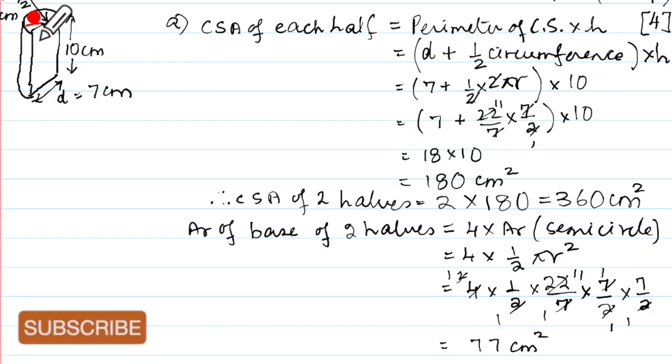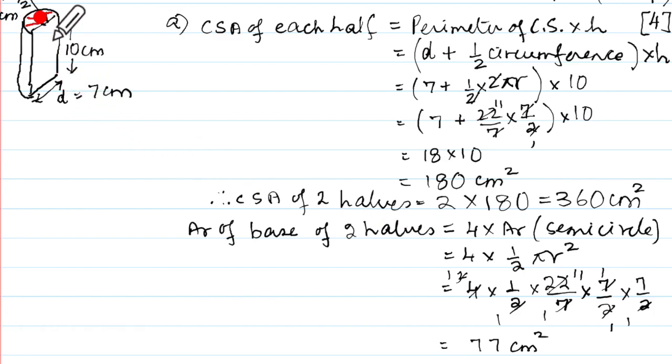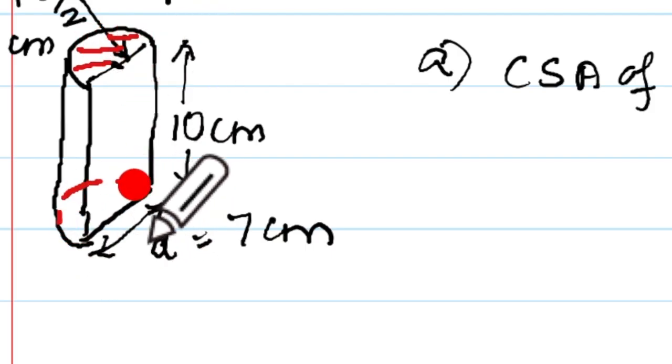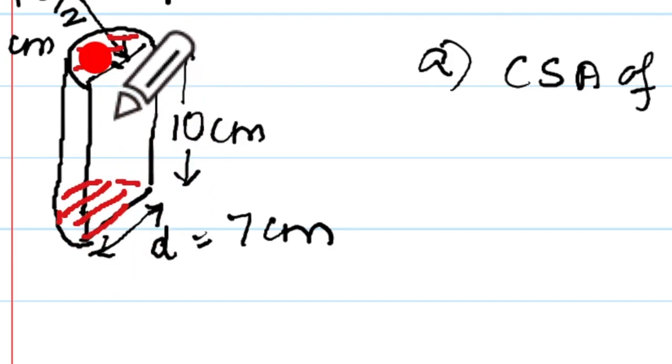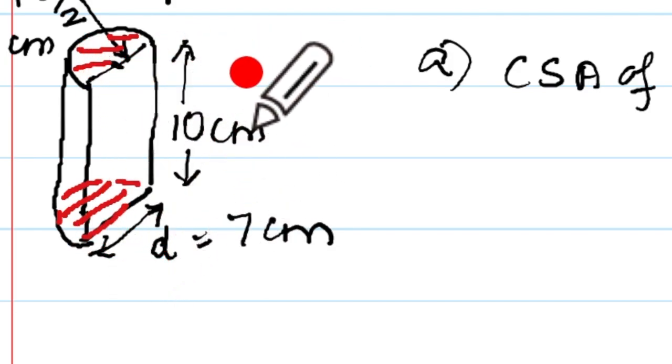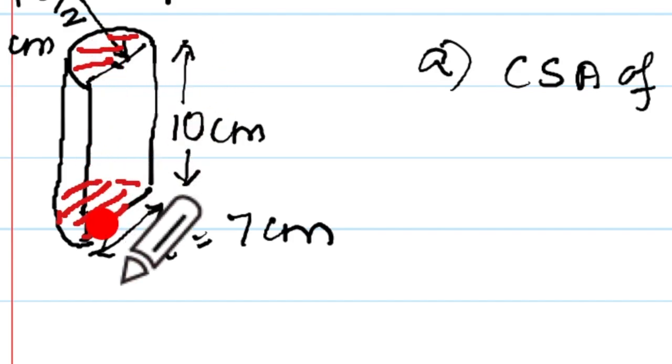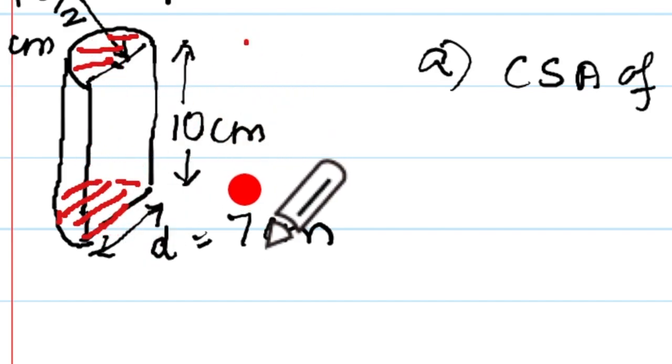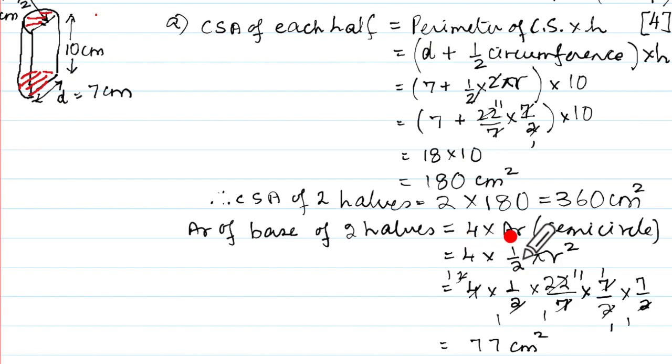Then the base of two halves, area of base, this and this. This will be for the first half, and for the other half exactly the same thing. So 1, 2, 3, 4 for the second half. There are 4 into area of this is a semicircle. Got that? So 4 into half pi r square will be area of semicircle.